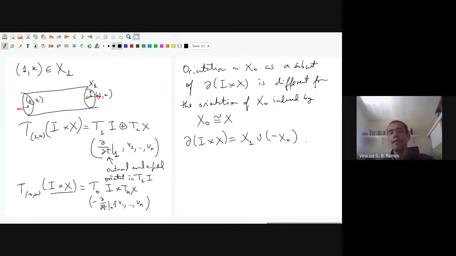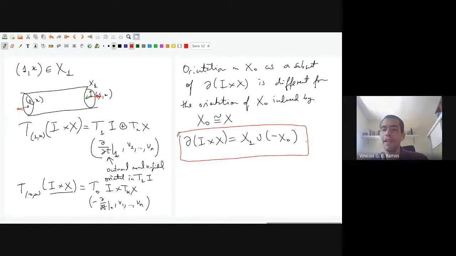You have to do something that's negatively oriented in x to get something that's positively oriented in I times x. So that's why you have the opposite orientation. But the point is that we have this equality. This is something that's going to come up a few times today, and it will come up if you study topology in general. Okay, any questions about this? No?